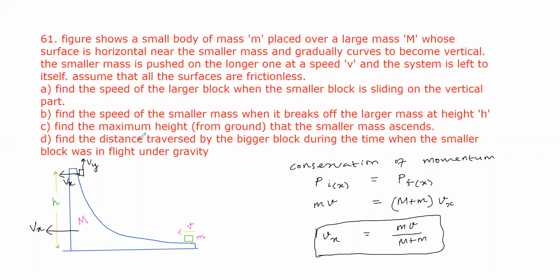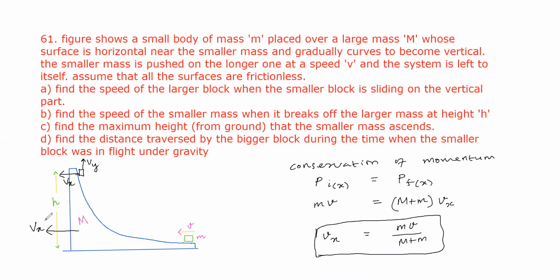Last one, find the distance traversed by the bigger block during the time when the smaller block was in flight under gravity. So now we have to find the horizontal distance the bigger block moves during the time of flight of the smaller block. That means we have to take the horizontal acceleration of this block as 0.